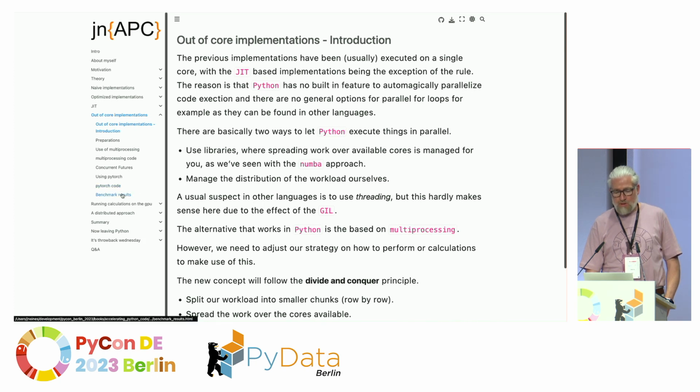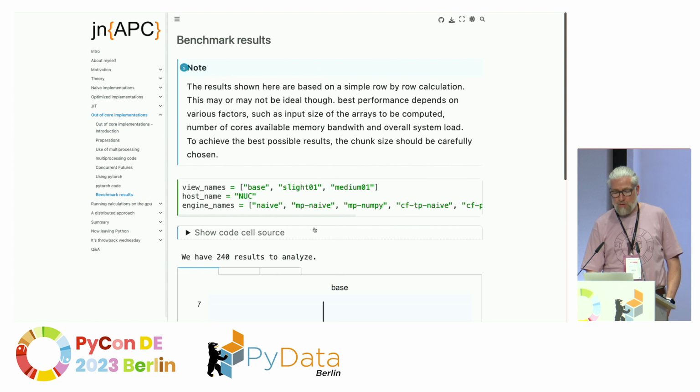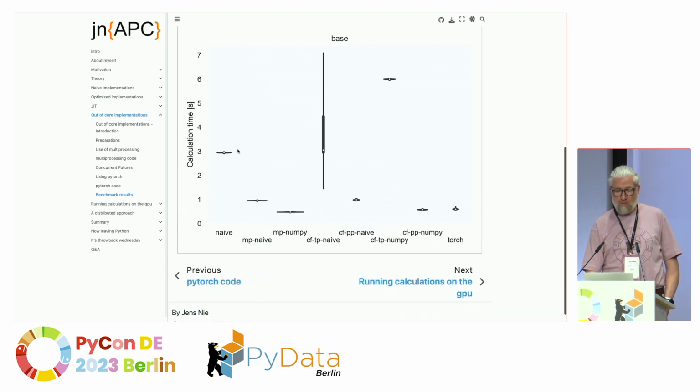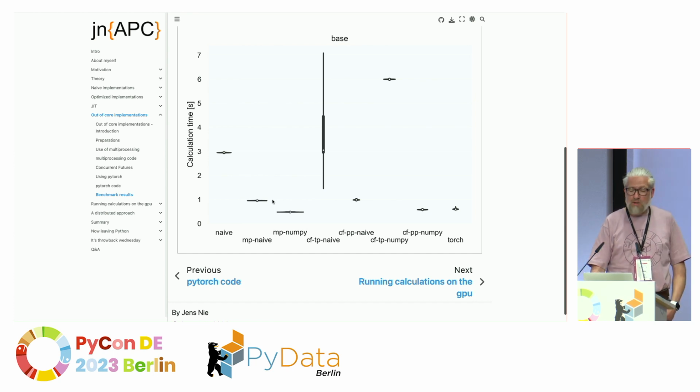And if you look at the results, in the end, you see a pretty significant speed up by that as well. Again, we have here the naive code being at 3 seconds. And it can do all sorts of combinations of things that we've seen before to just let it run in parallel on the number of cores that you have, and it will give you a significant speed up.